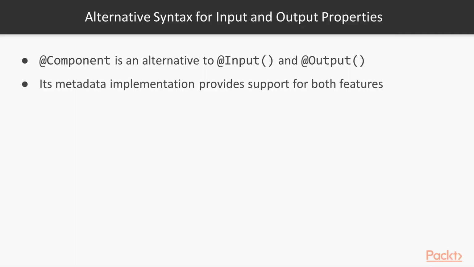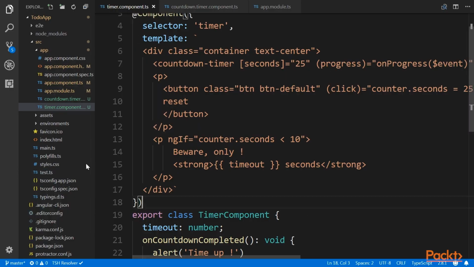Besides the Input and Output decorators, there's an alternative syntax where we can define input and output properties in our components by means of the Component decorator. Its metadata implementation provides support for both features through the inputs and outputs property names respectively. Let me show you how we could implement the countdown timer component API.